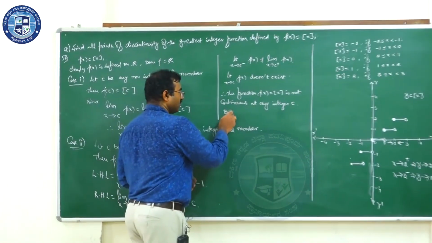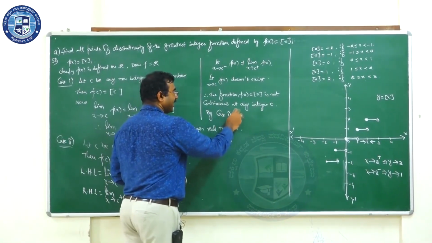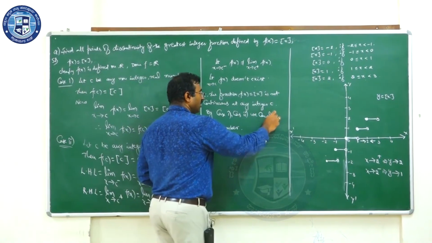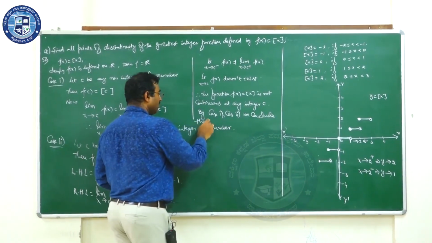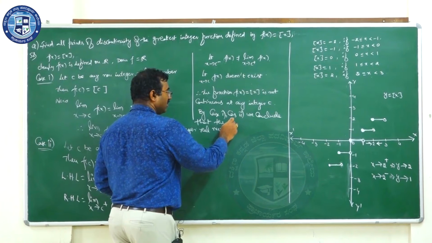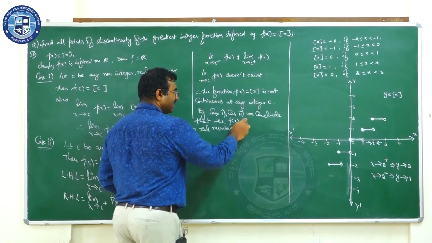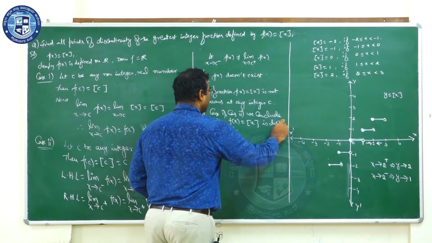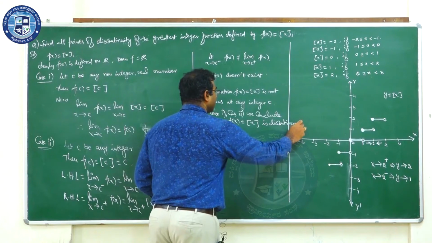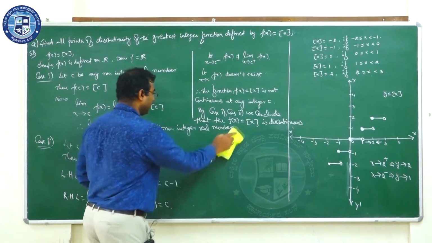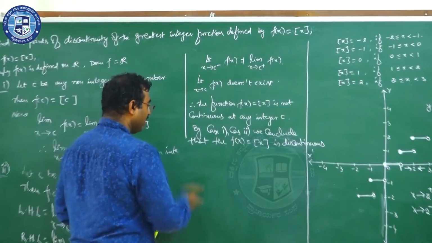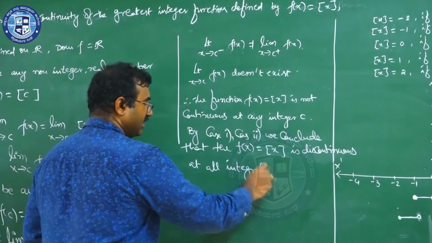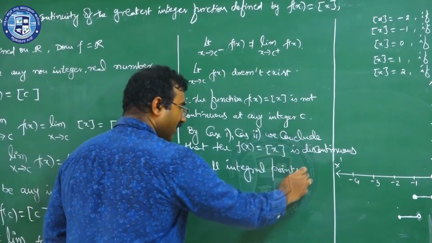By case 1 and case 2, we conclude that the function f(x) = [x] is discontinuous at all integral points, right?